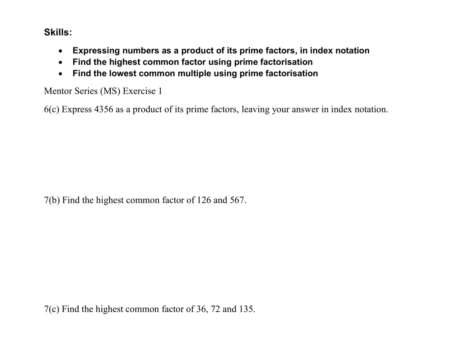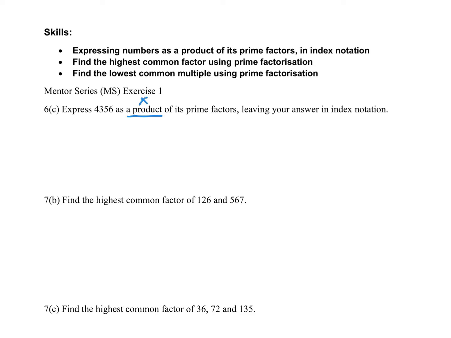Let us take a look at some of the questions in our mentor series. For example, the first question over here: express 4356 as a product of its prime factors, leaving your answer in index notation. Now we know that we have to express it as a product. Product means you have to do multiplication, something times something, right?